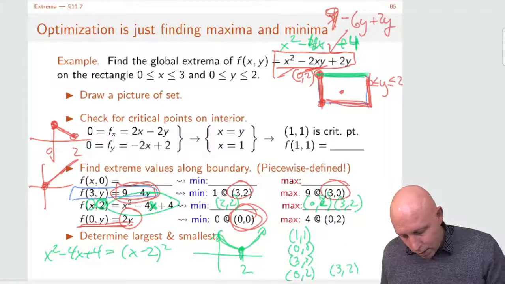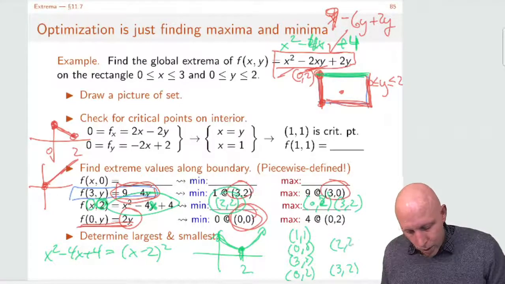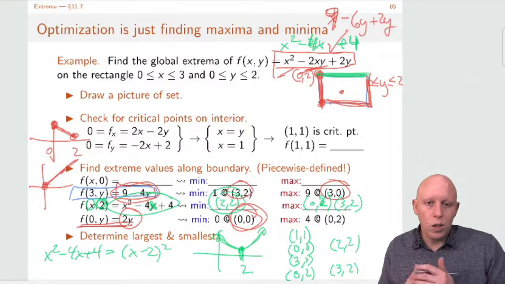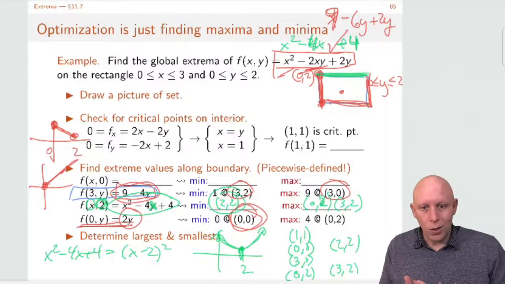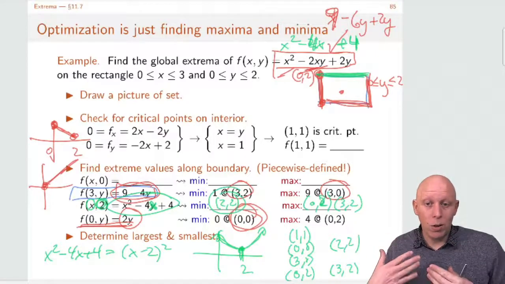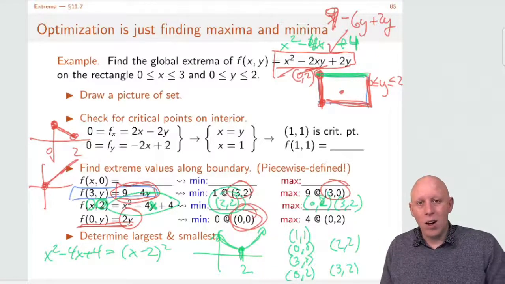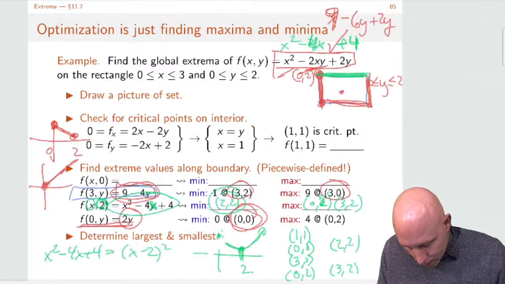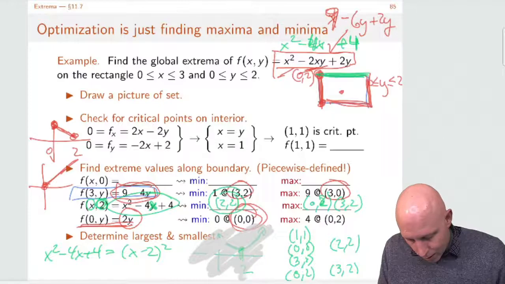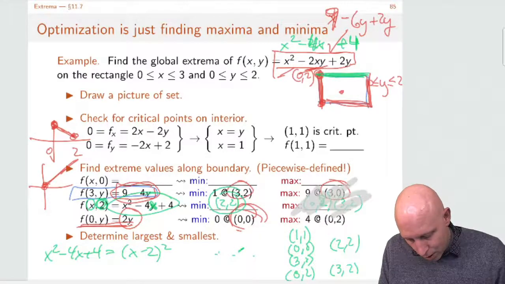But we also have this point (2, 2). All of those are the points we have to test. We'll test each of those points, see what the function value is at each, and use those to figure out what the largest and the smallest on the whole region is.